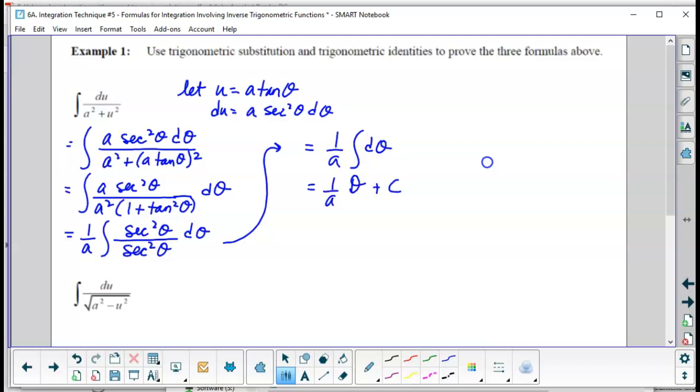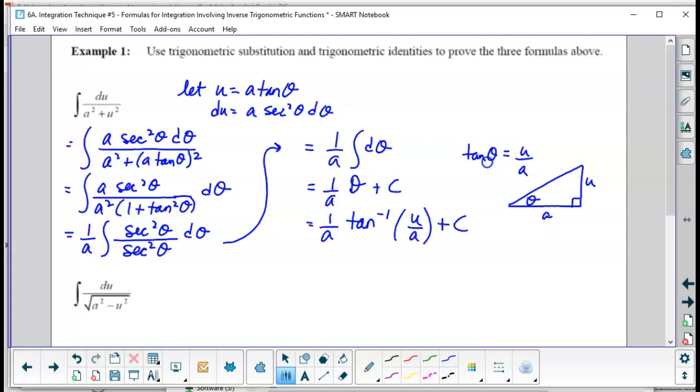So u equals a tan theta, so that means tan theta equals u over a. So tan is opposite over adjacent. And so here, well, actually, I guess I didn't even need a right triangle. So this will be 1 over a tan inverse u over a.